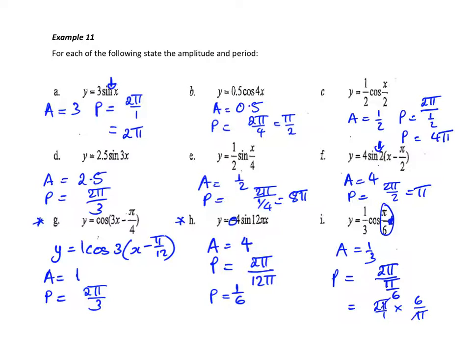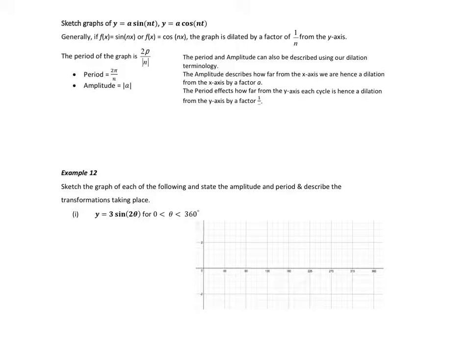The pi's cancel, so 2 times 6 is 12. So there is a period of 12 there. So there's a few things that you do need to consider when you are thinking about the amplitude and the period. We're going to start sketching some sine and cos graphs, and this is the way that I would like you to think about them.